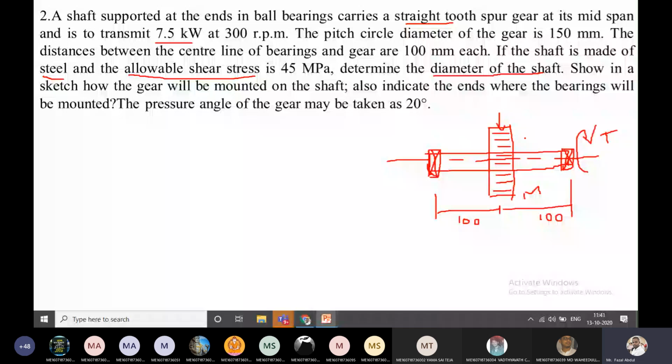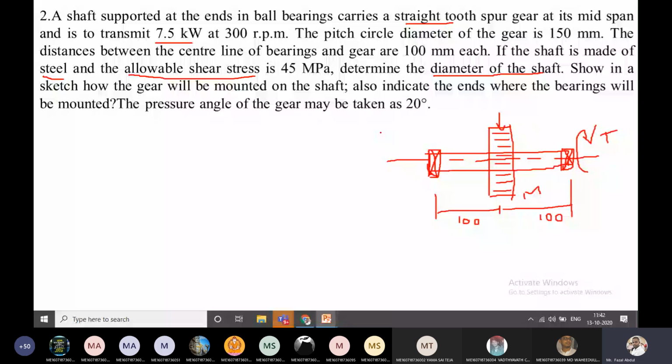If the question particularly mentions to solve with the shear stress theory, then you have to solve it as the question asks. If the question does not ask for a particular theory, then you need to calculate with both theories.